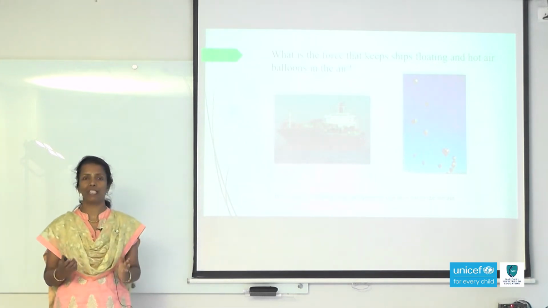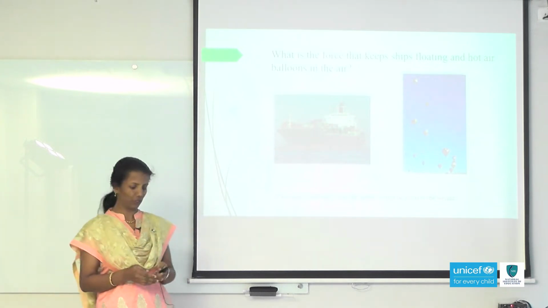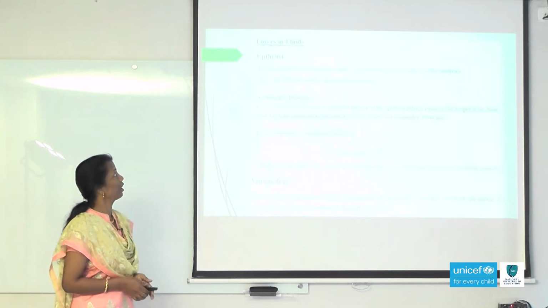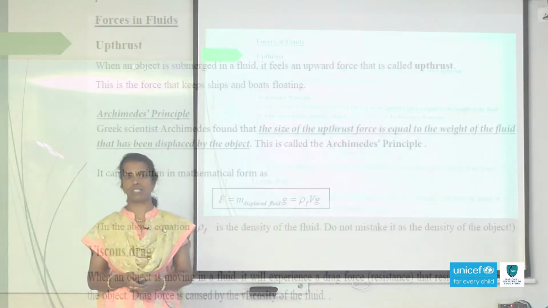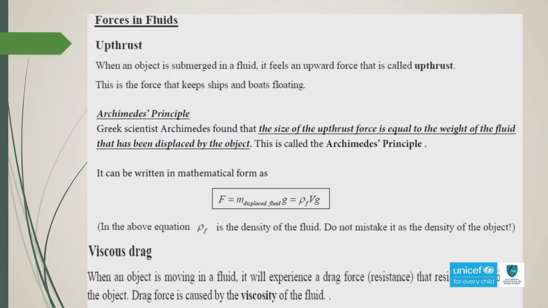So you should be familiar with the important fluid forces. The first important fluid force is upthrust. What is this upthrust? Whenever an object is submerged or immersed in a fluid, the fluid exerts an upward force on the object.